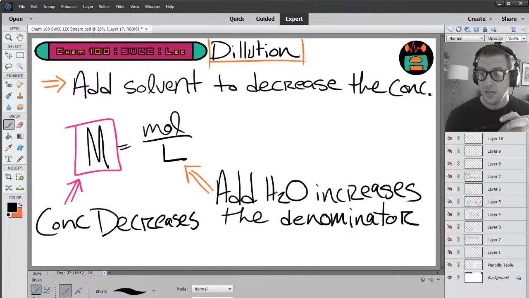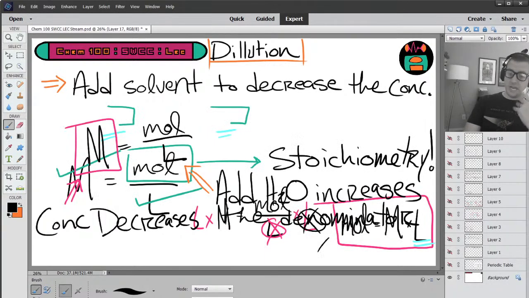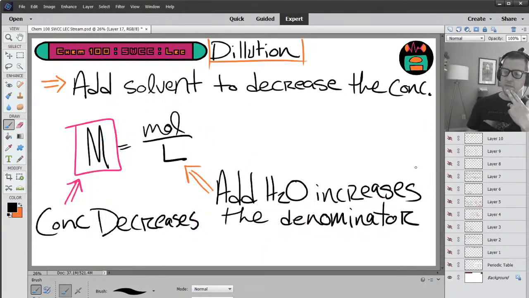Another reason why dilution is useful on the more chemical side of things, I realize none of us have stepped foot in a lab for over a year, but if we did, chemical companies will rarely sell the acids that you need in the concentration that you need them at for each experiment. So if an experiment calls for 0.1 molar HCl or 0.15 molar HCl, you're not buying different bottles of HCl.